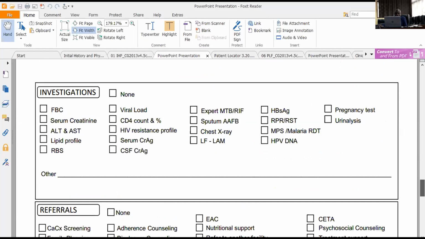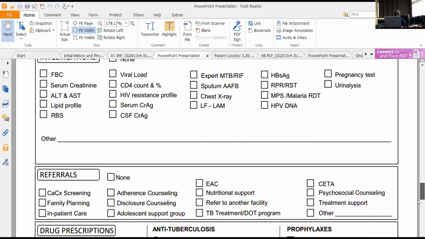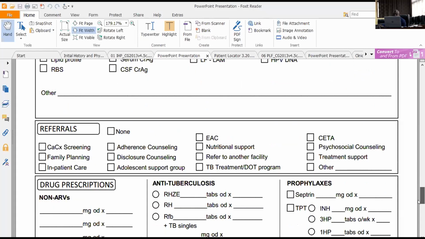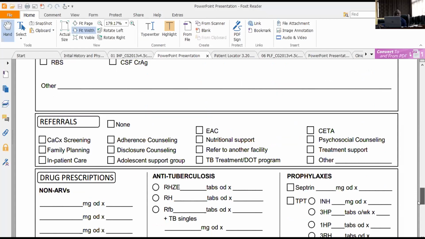So we have got more investigations there now. The referrals have also been increased or more added to include disclosure counseling, the EAC, the SETA, and so on. So all those were not there.